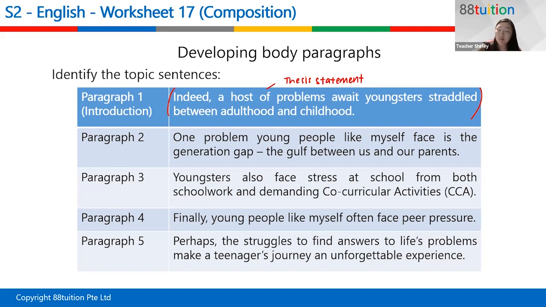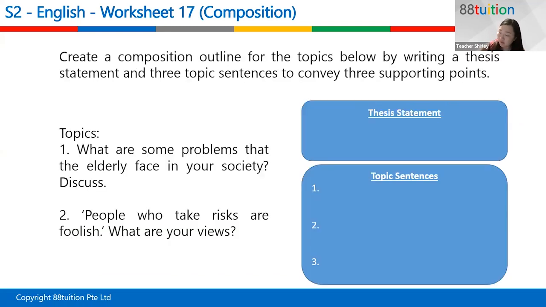The thesis statement is talking about a host of problems. What kind of problems again? Youngsters' problems, right? When they are straddled between adulthood and childhood. So the second paragraph is basically your body paragraph.